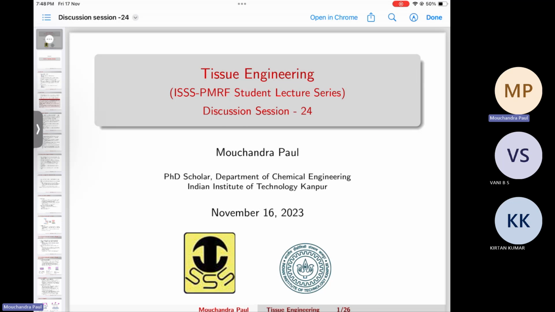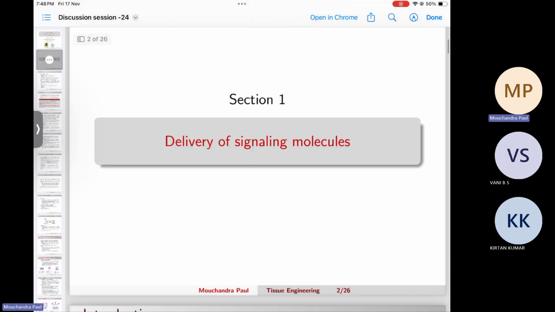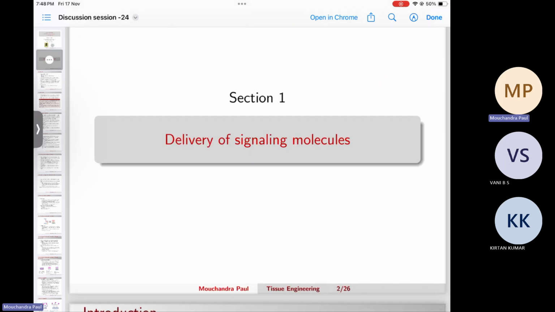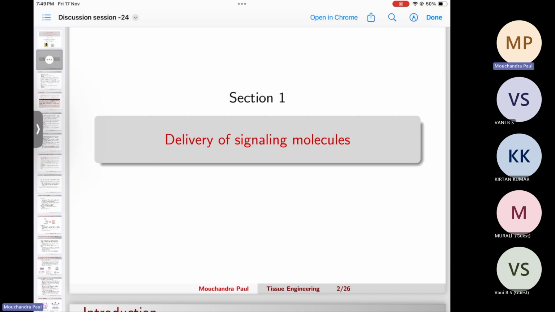And then we saw basics of cell biology, etc., in the initial classes. Now, if you remember our initial discussions, the introduction to tissue engineering, there we discussed that tissue engineers want to mimic the in vivo tissue environment or organ environment.